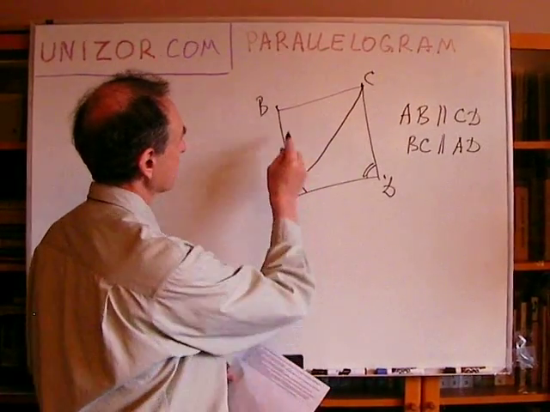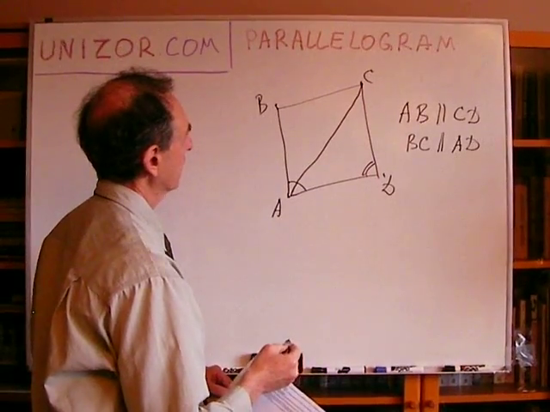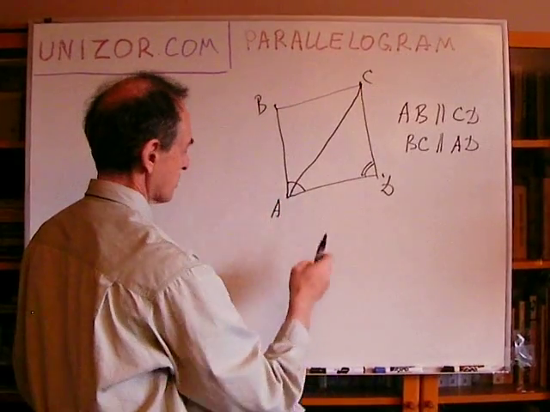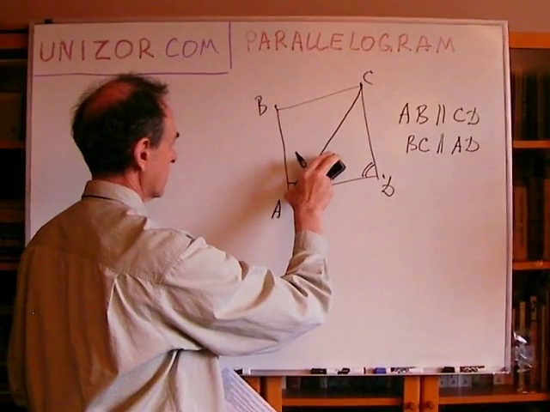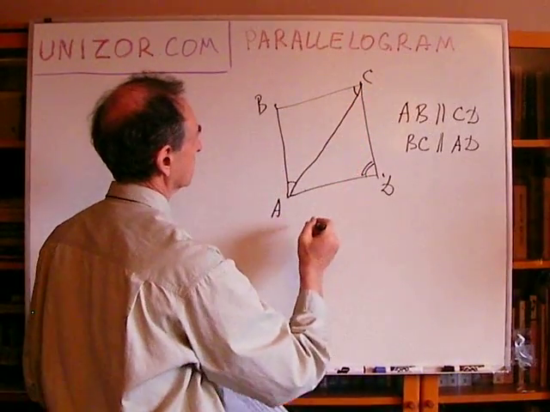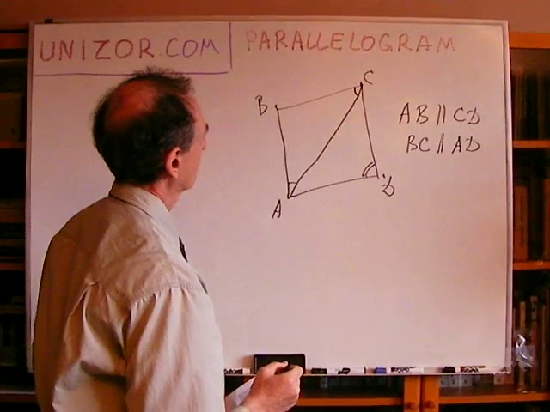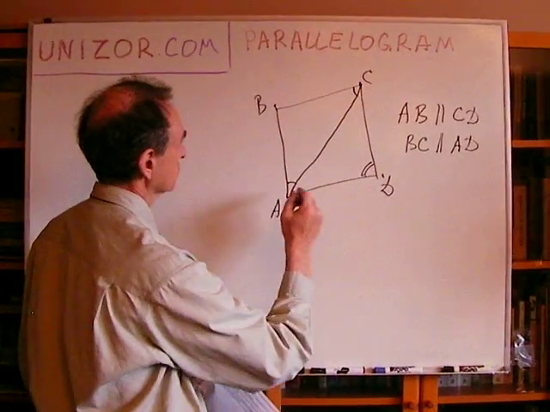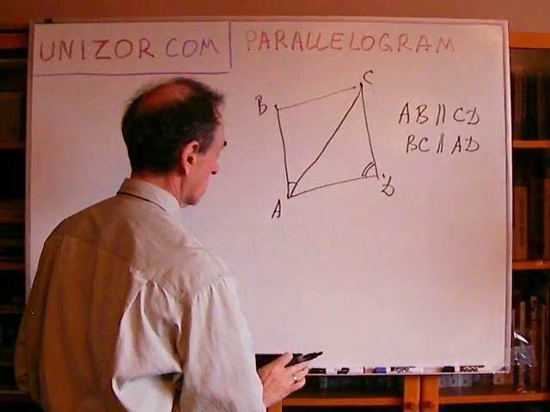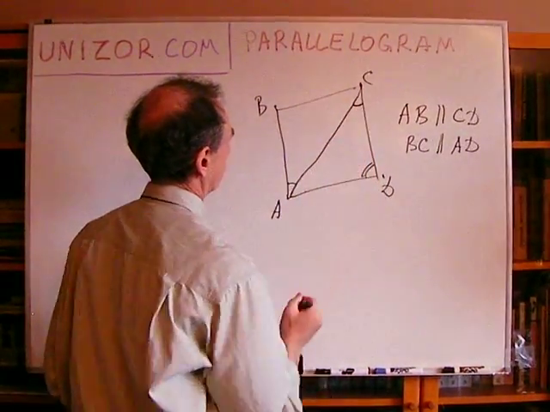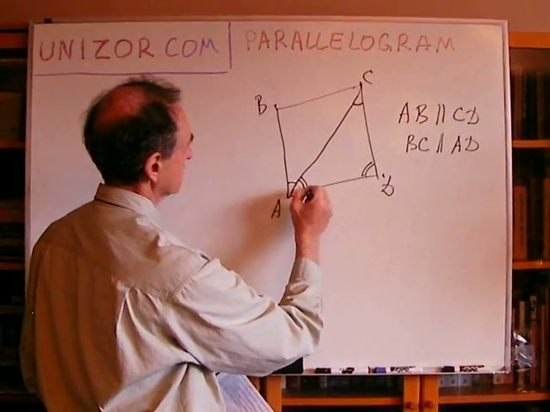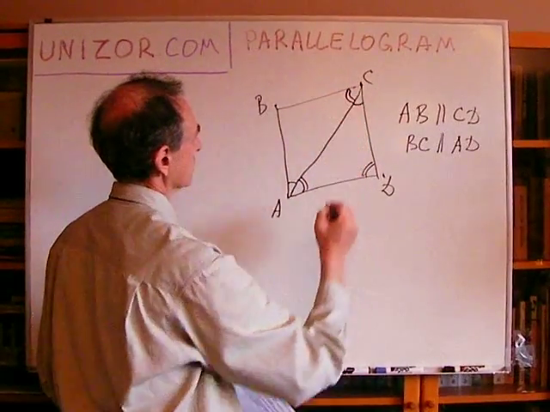Now, what can we say about these two triangles? Well, since these are parallel, consider this as a transversal, which means that this angle is congruent to this angle. And because they are alternate interior angles, and this one is congruent to this.